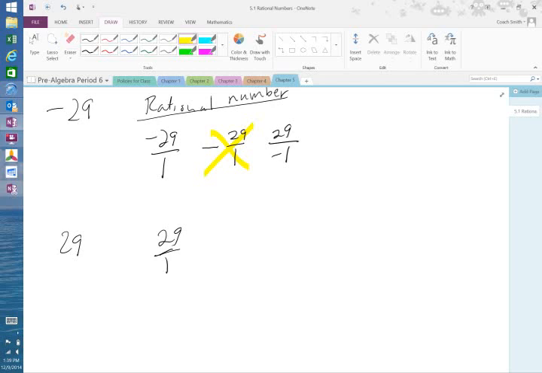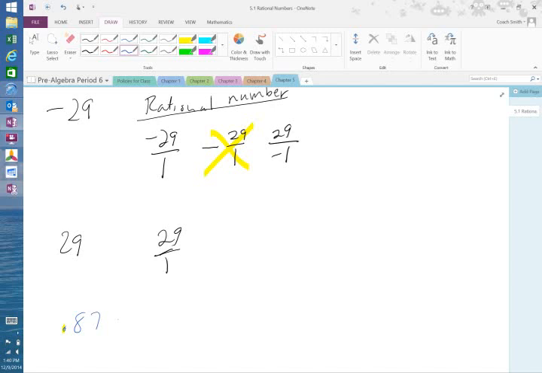Well, what if I have 0.87 and I want to write it as a rational number? Just like we've said, what does that mean? What's that mean, Copeland? If I'm supposed to write 0.87 as a rational number, what do we say is another word for rational number?